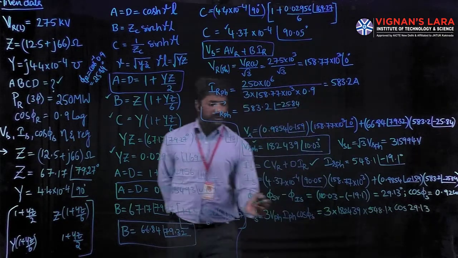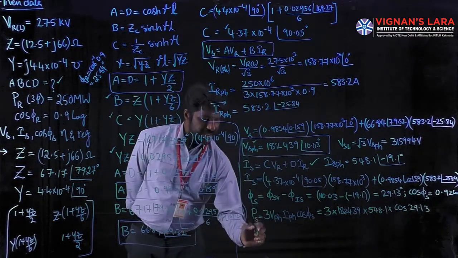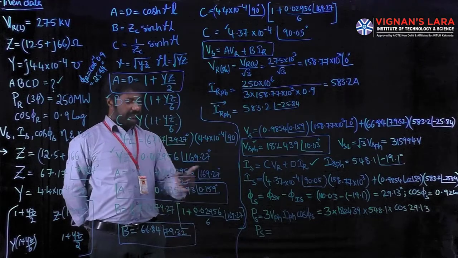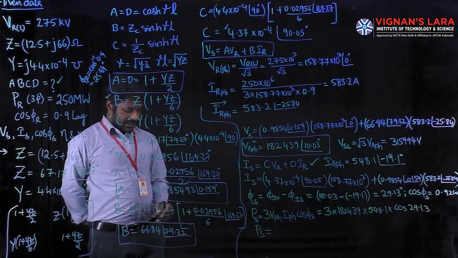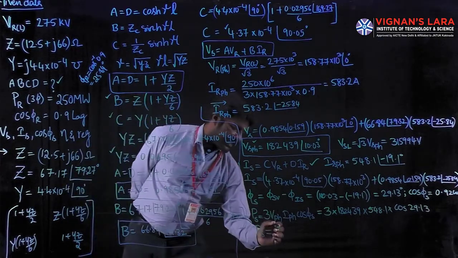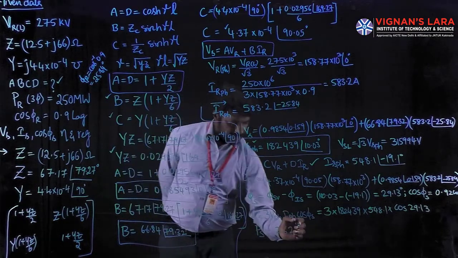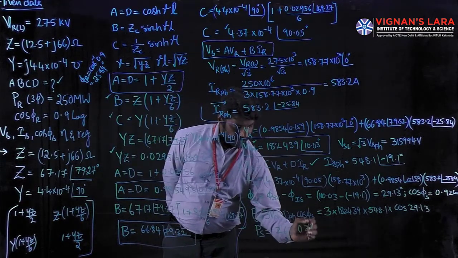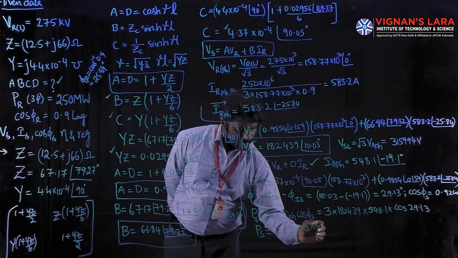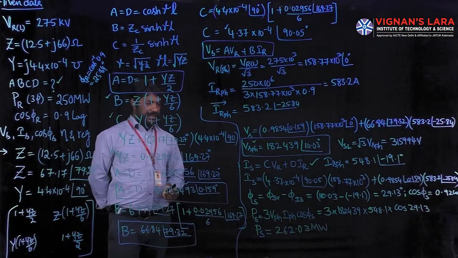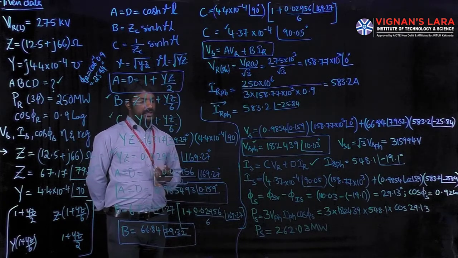If you simplify all this, then you will get the sending end power PS in megawatts. What is that PS in megawatts? If you check, its value is 262.03 megawatts. This much amount of power it will be taking from the source side, called the sending end side.